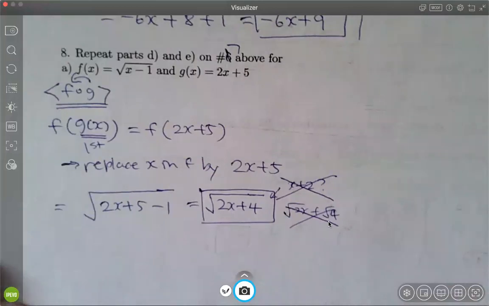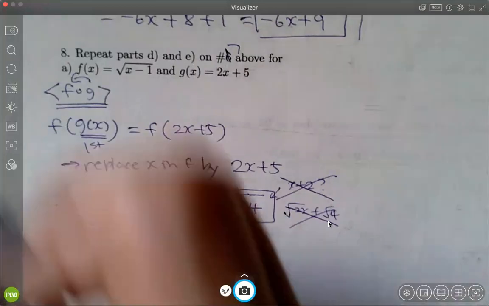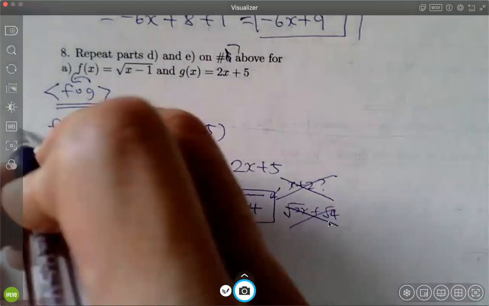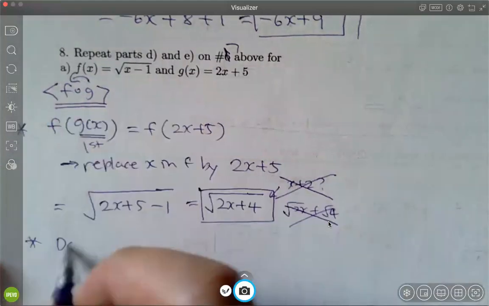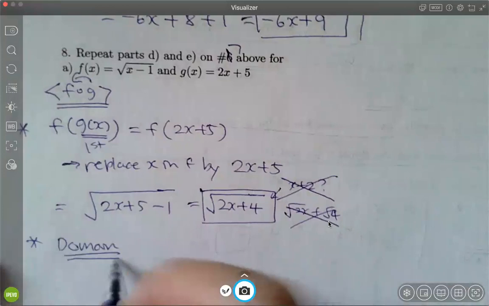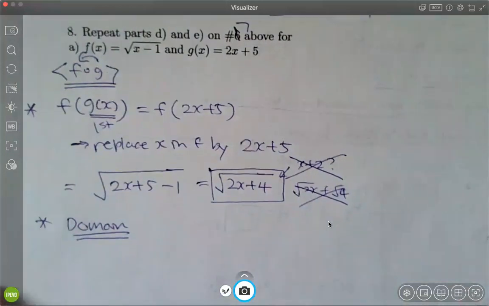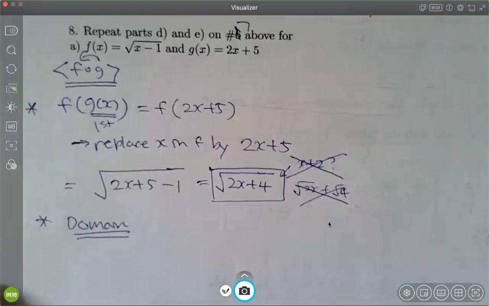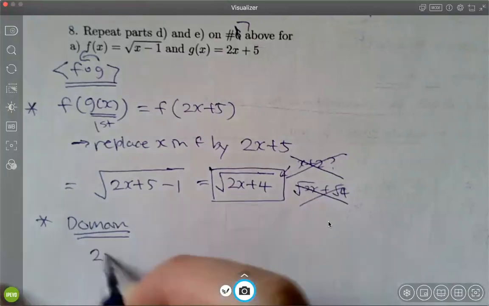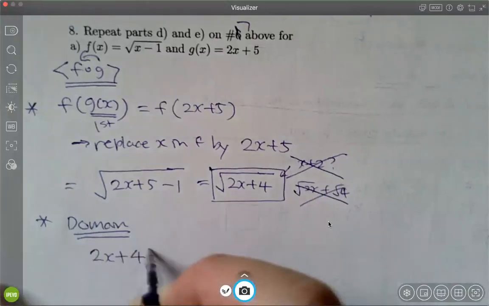And now, what is the domain? How do we find the domain, basically, for the square root? Set what's inside the square root greater than or equal to 0, right?